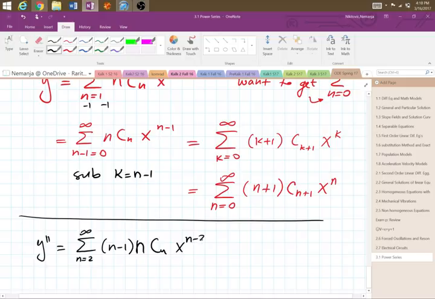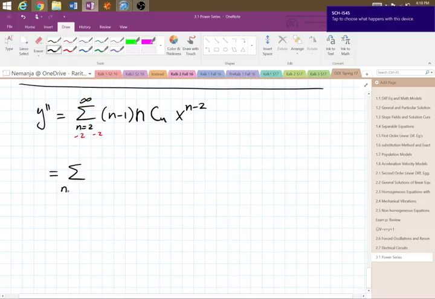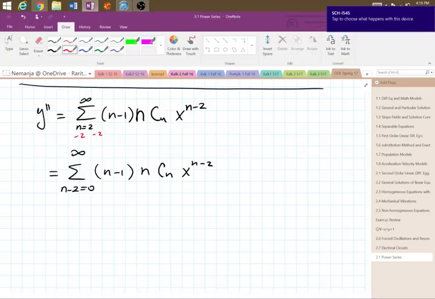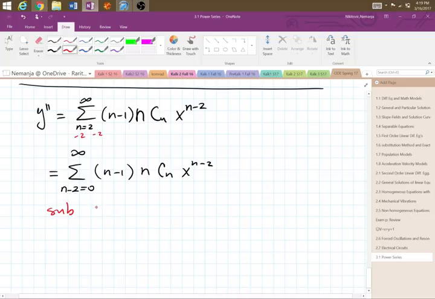So the same as previous, I will subtract 2 on both sides because I need to get it to equal 0. That's summation n minus 2 equals 0 to infinity of n minus 1, n, Cn, and then x to the n minus 2. Now n minus 2, I'm going to say that's k. So k equals n minus 2, from where n is k plus 2.